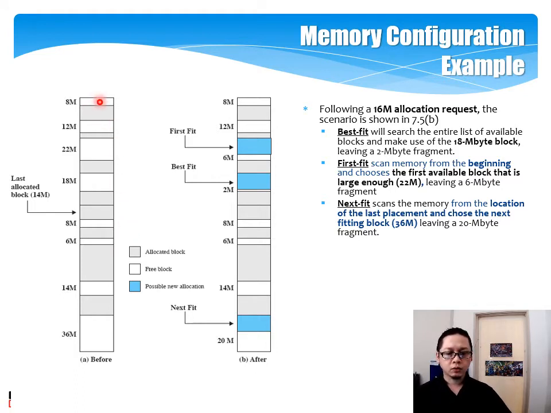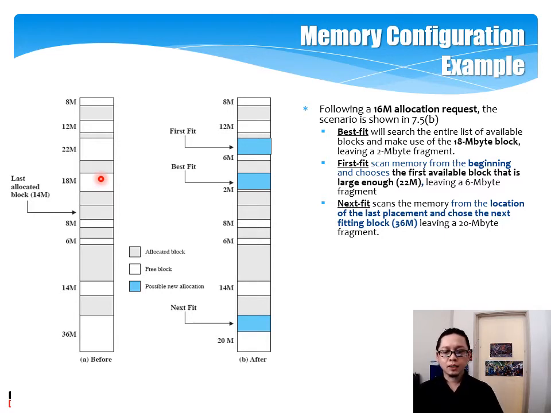Is this one the closest or not? This one, not. It needs to analyze each and every option, and only then will it decide. After going through all the options, it will see that this 18 megabyte block is the closest to the request. Hence, the best fit will go into this location.